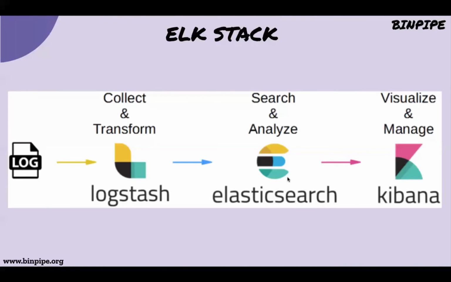So if you want to see it on a dashboard, you have to install another tool called Kibana. Kibana gives you a dashboard to view the logs which are present in Elasticsearch. Hope you could understand this flow: logs will be collected by Logstash and sent to Elasticsearch.